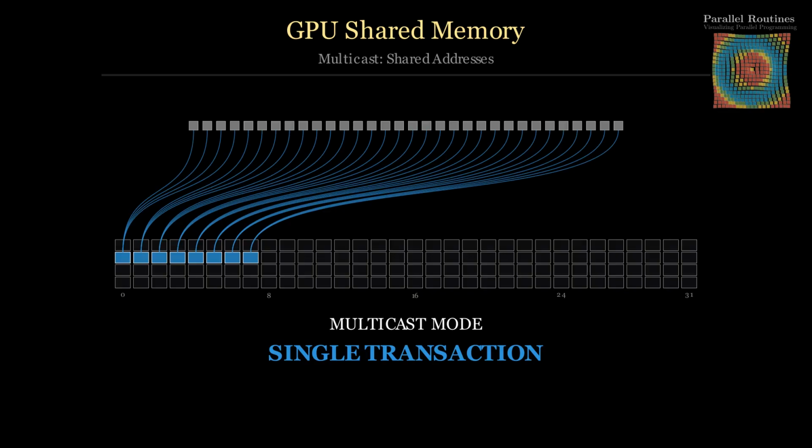Crucially, multicast works when threads access the same address within a bank. The hardware detects identical addresses and optimizes automatically. This is why shared memory is so powerful for algorithms where threads cooperatively access the same data.